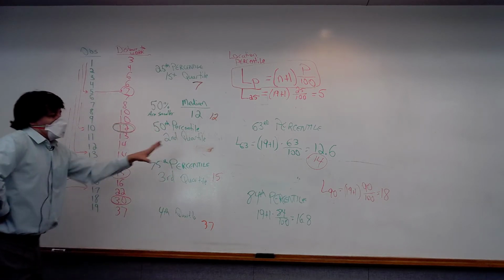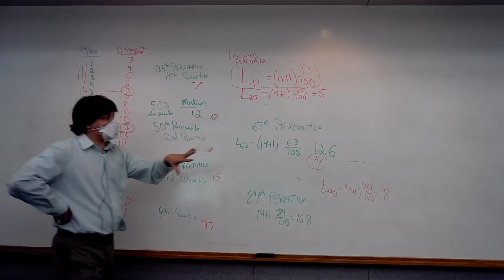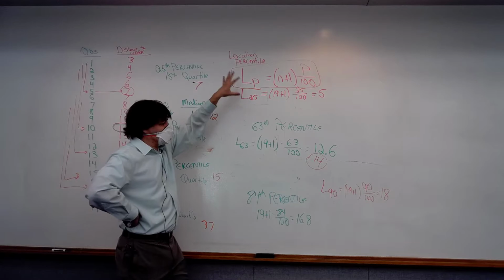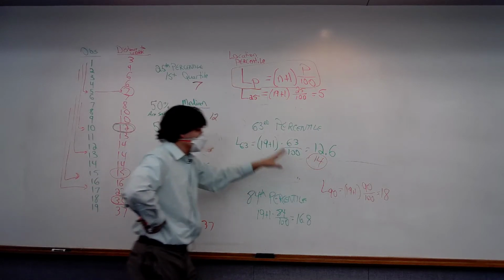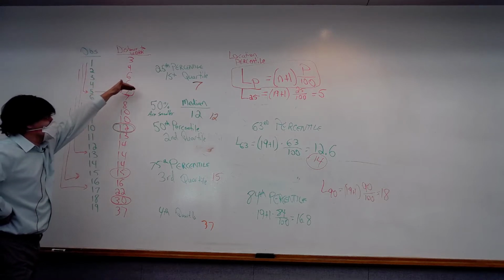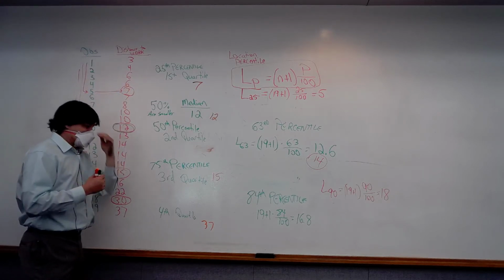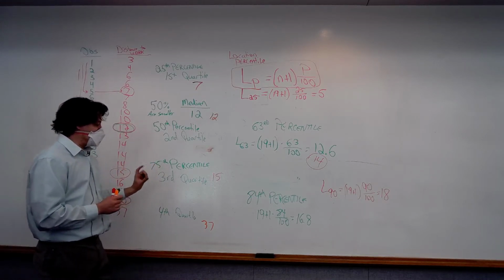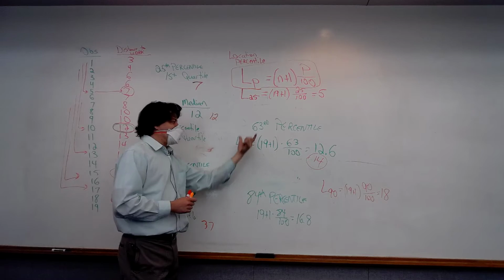So in general, let's back up a second. I want you to understand this equation. I want you to be able to use it and spit out the observations. Go look it up. Say, okay, it's the fifth observation, so that it's 7. That's important to be able to do. And I also want you to know that it can be flexible to the point where we can plug in any percentile.